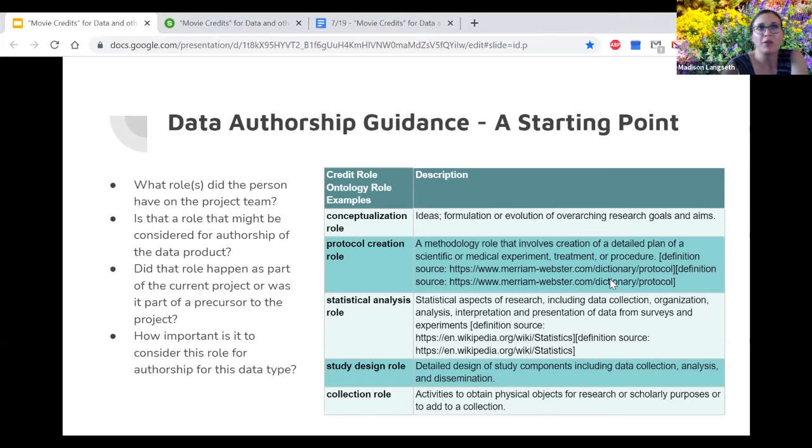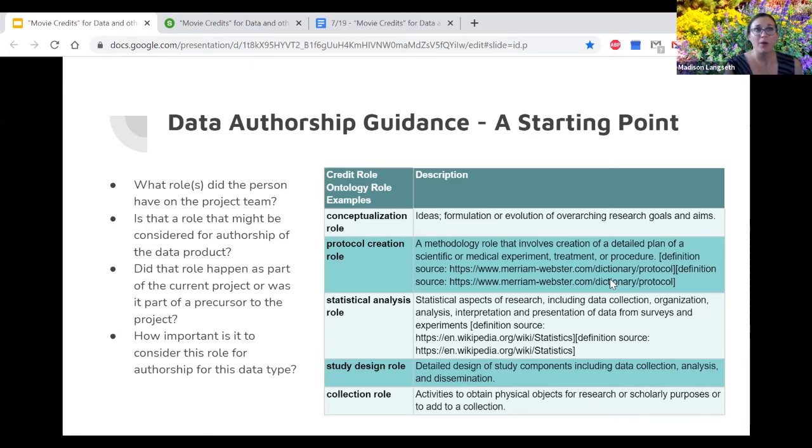But before we go further, I'll give you an example of a role from the CRO, the contributor roles ontology, that we did not end up including in our subset, and that's website role. According to the definition, this role includes the creation or refinement of a website served from a single web domain.